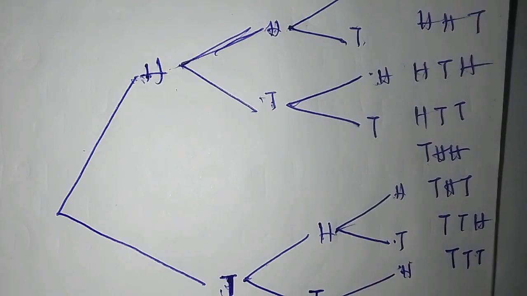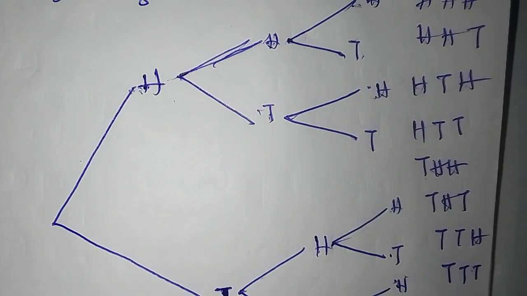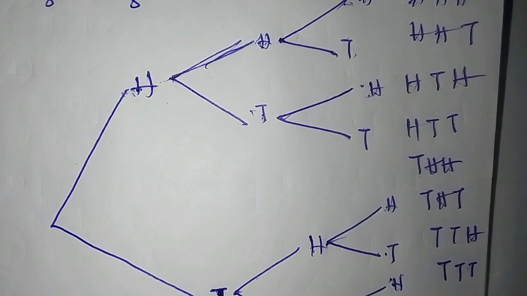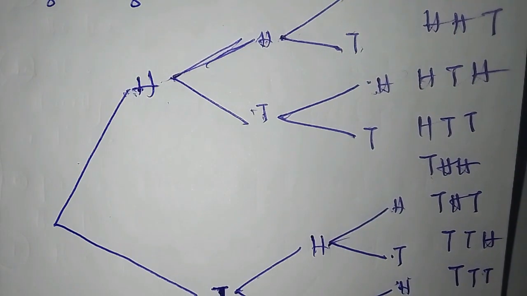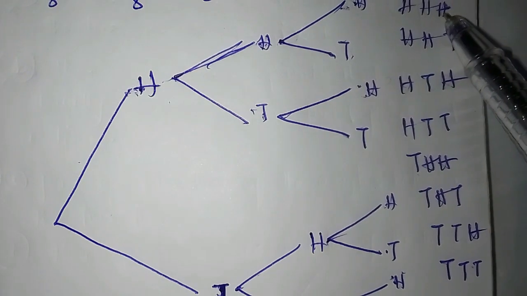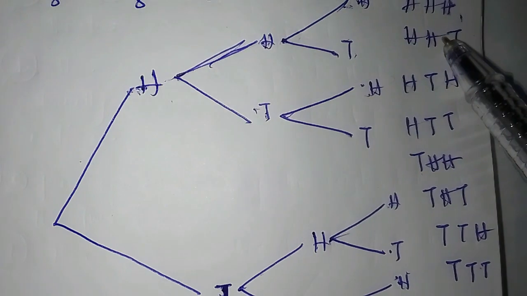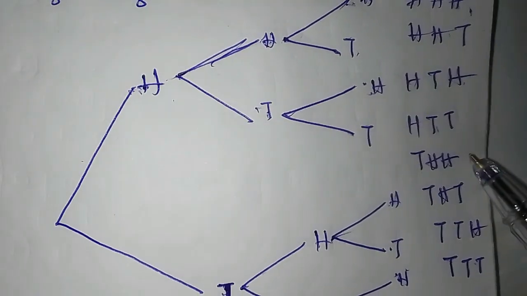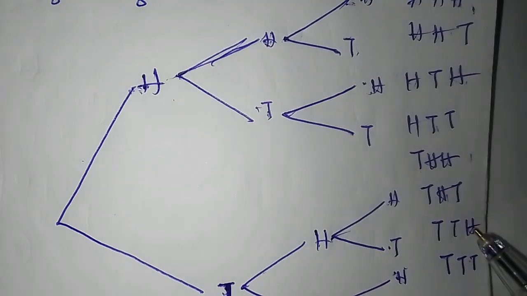The question is asking for the probability of obtaining at least one head. So at least one head means one head and above. So it can be one head, 2 heads, 3 heads. Let me look at the outcomes where I have one or more heads. That's 1, 2, 3, 4, 5, 6, 7.